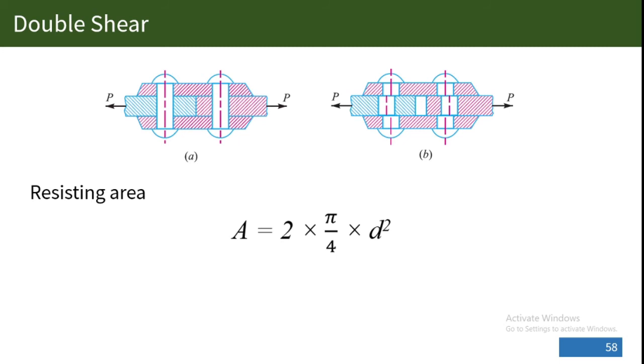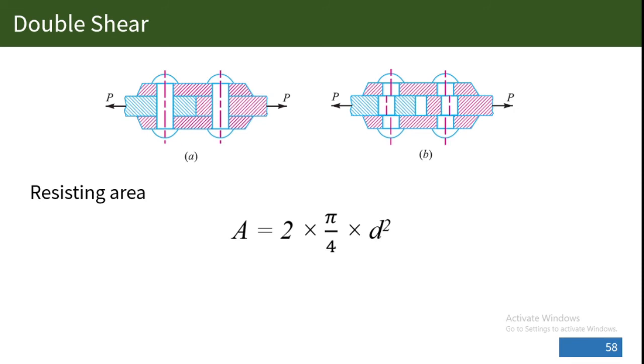Okay. Now let's consider three plates connected to each other by a rivet. Alright. So let's look at these figures. There are two plates connected by the other two cover plates. So in this case, the tangential force P tends to shear off the rivet at two cross sections.